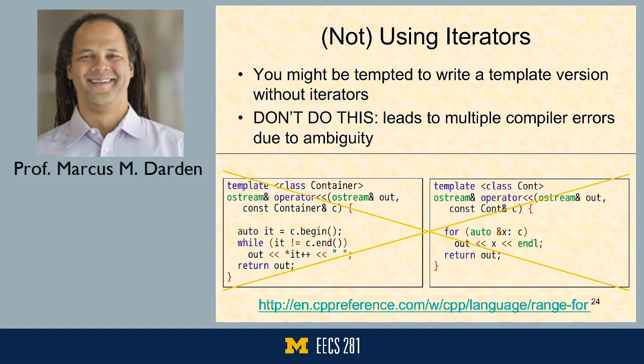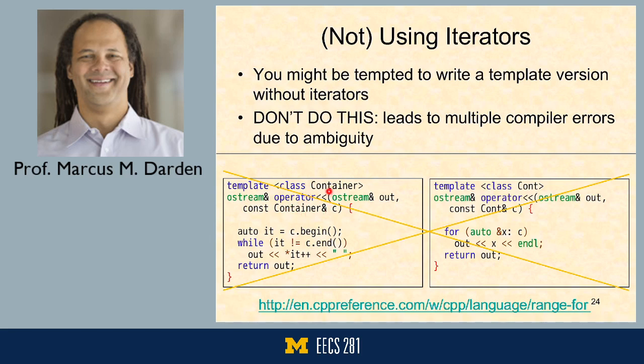So this is an example of when we can't use iterators. If you try to write some templated version of a function that doesn't use iterators, well, I can write my own sort of generic output stream thing. All I have to do is template on the container, and I'll pass in whatever container I want there. And here you see that the template is on the container.